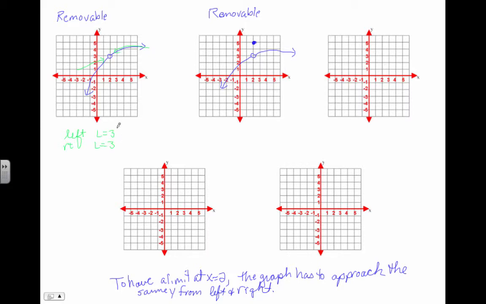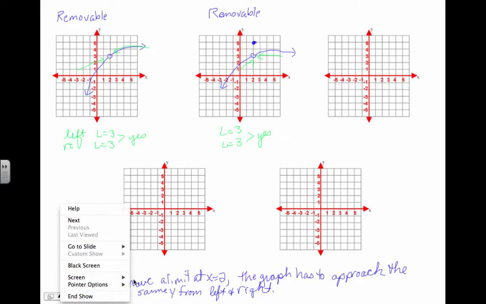So we would say this has a limit. This one from the left, L equals 3, and from the right, L equals 3. At this point, we don't care that at 2 it's a different number. We'll talk about that later.